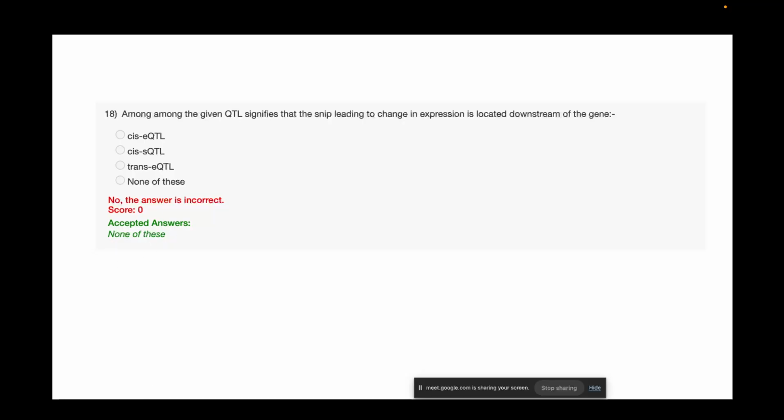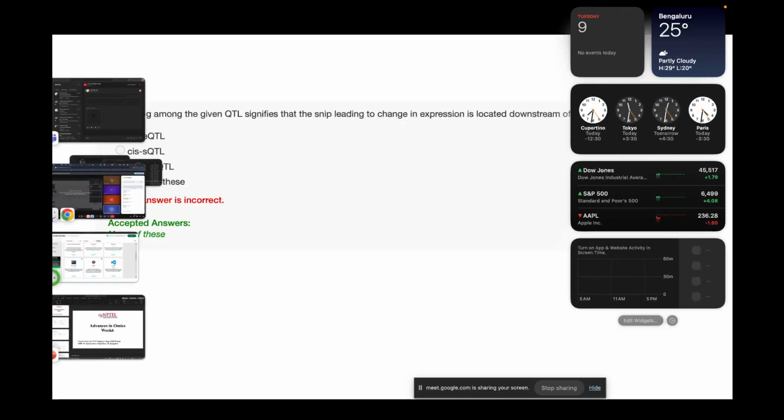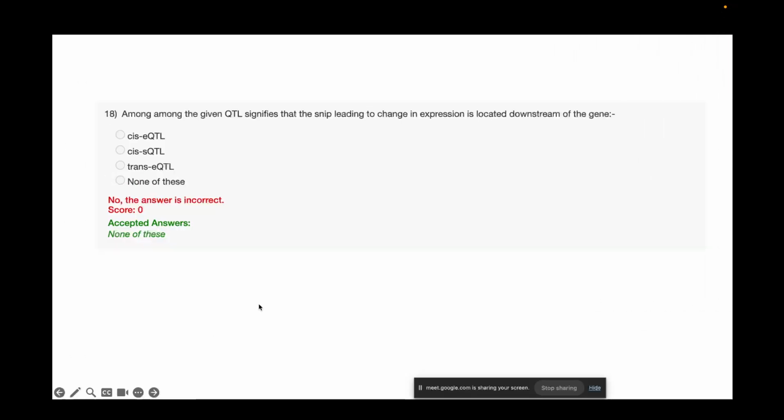But yeah, the idea is that if the variant is present in and around the gene, it is a cis-eQTL. Trans-eQTL will happen if the variant is present in some other chromosome or very far away from the gene. So my answer is also cis-eQTL. I'm not sure why it is given none of this. I'll raise this with sir, and I'll get back. I don't think this answer is correct here.